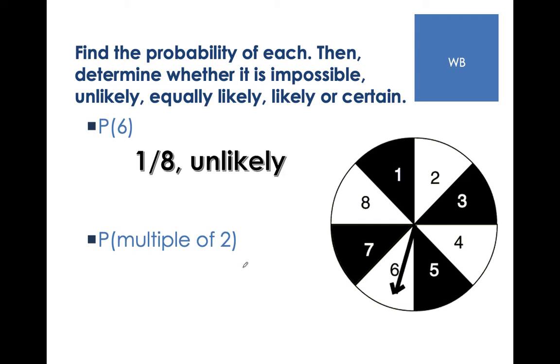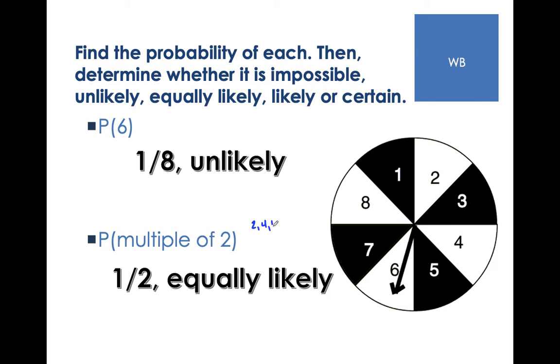The second example, the probability of spinning and landing on a multiple of 2 is 4 out of 8, or 1/2, which is equally likely. Multiples of 2 are 2, 4, 6, and 8.